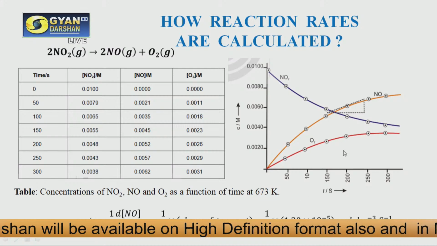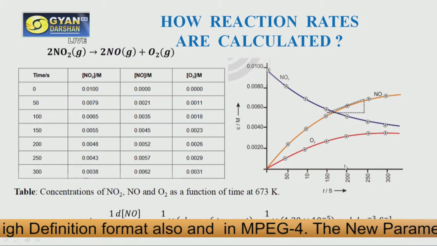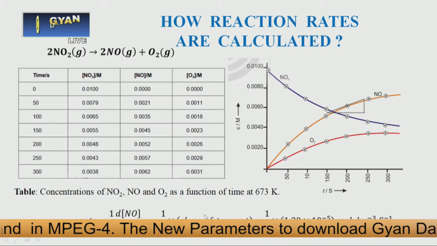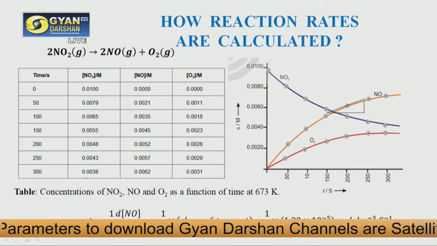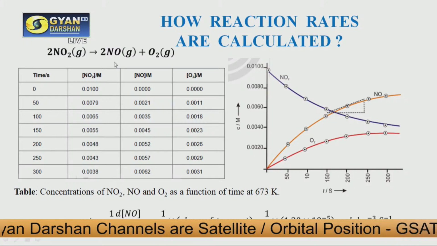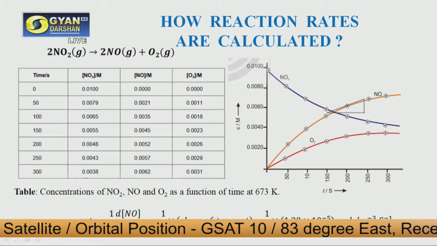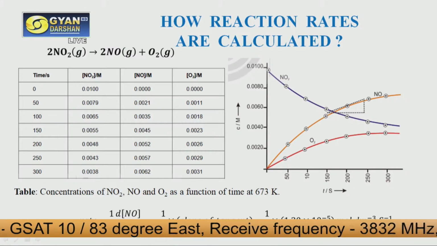At that point, what is the slope of the tangent? From the graph, the slope of the tangent is 1.30 into 10 to the power minus 5. Dividing by 2 is just because of the stoichiometry. So 1 by 2 into the slope of the tangent gives the rate of the reaction.